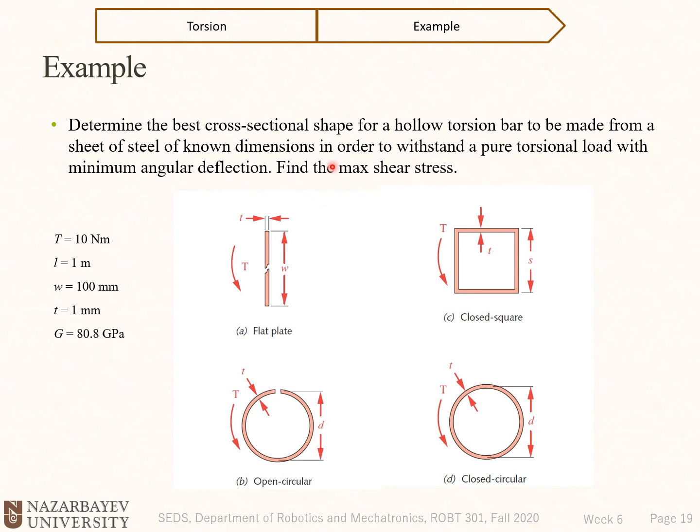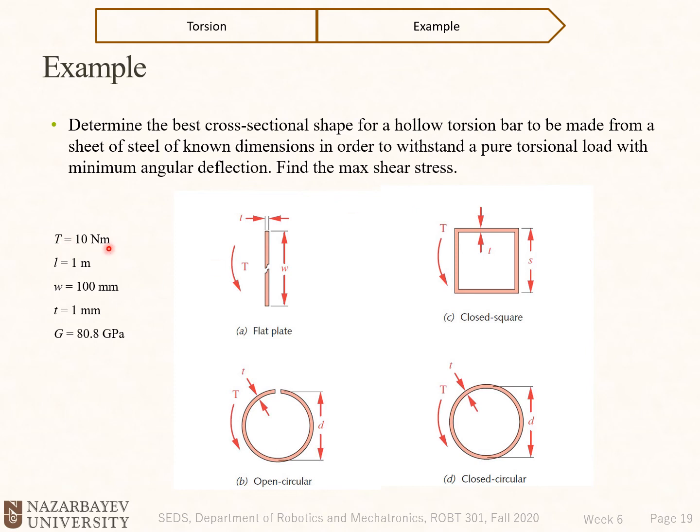Find the max shear stress. So we want to see between these options: A, flat plate; B, open circular; C, closed square; and D, closed circular, which one will have the minimum angular deflection, or the minimum theta. And also we need to find the maximum shear stress, or tau.